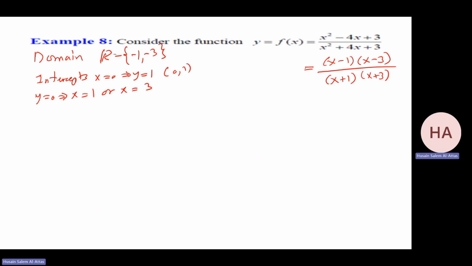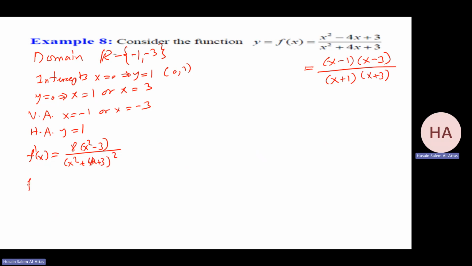Okay, correct. Vertical asymptotes, x equal minus 1, or x equal minus 3. Horizontal asymptote, y equal 1. Okay, f prime is this 8x squared minus 3 over x squared plus 4x plus 3 squared.